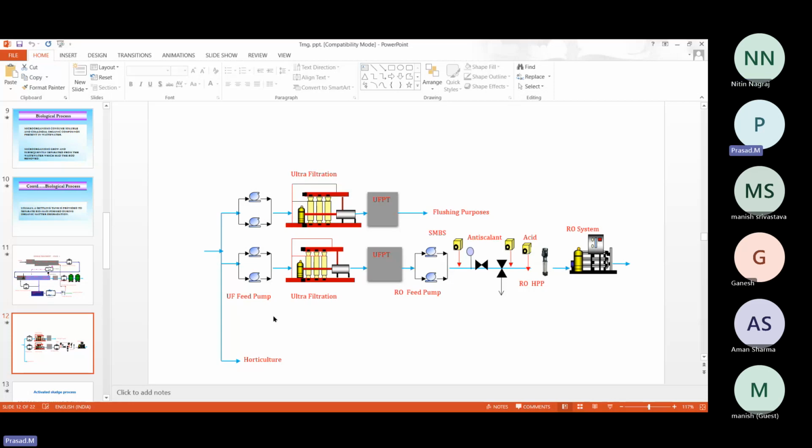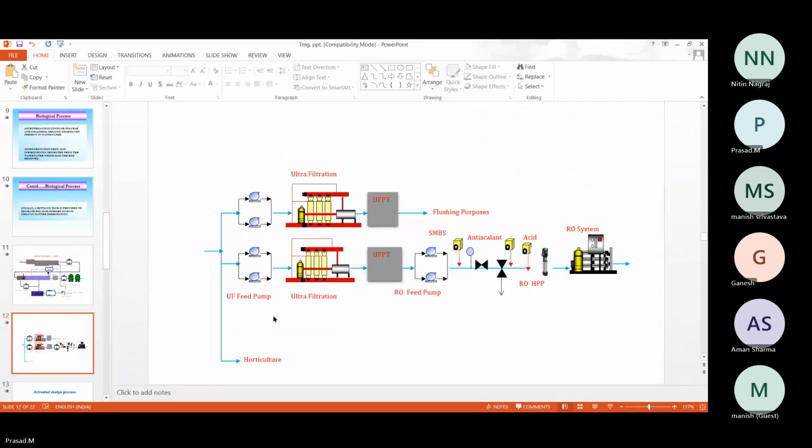They ask the same question, and even senior people ask it: if I have TDS, can I remove that TDS by using a softener? A softener can only remove the hardness, and RO can remove the hardness as well as TDS. Softener will never remove the TDS. If you want to reduce the TDS, then you have to go with the RO system only. This is the basic thing.